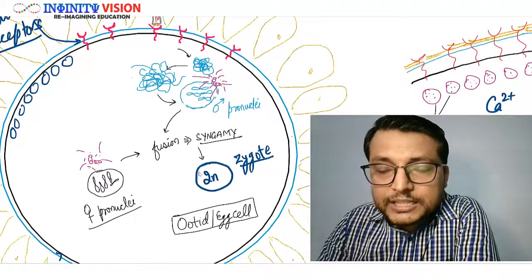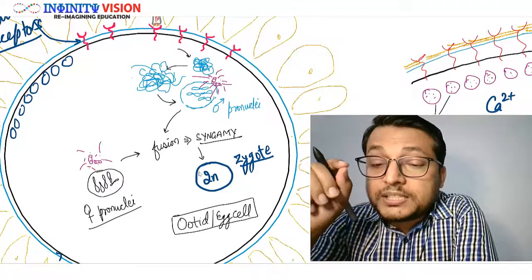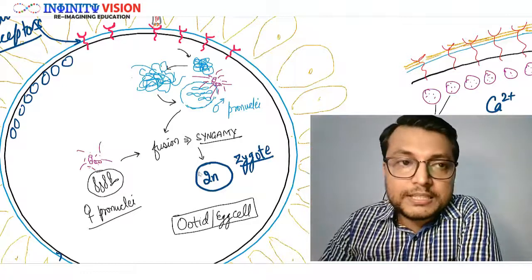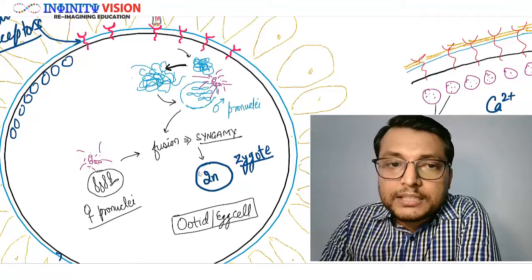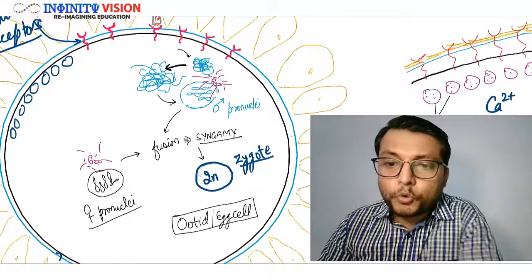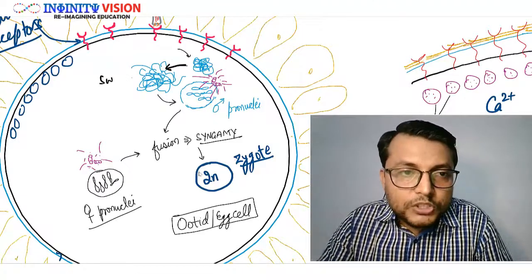Now this genetic material of the first sperm is very compact. So what happens next here is this compact genetic material starts to open up, and we call it swelling.